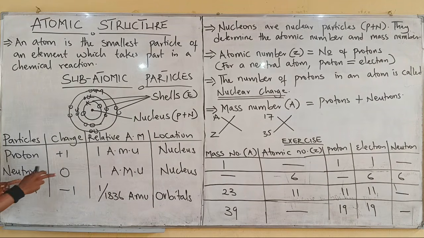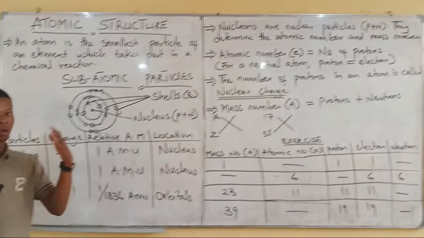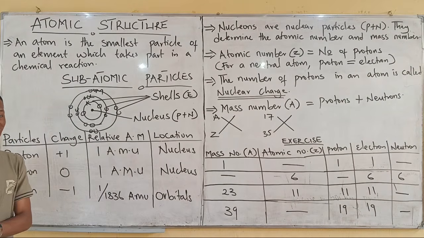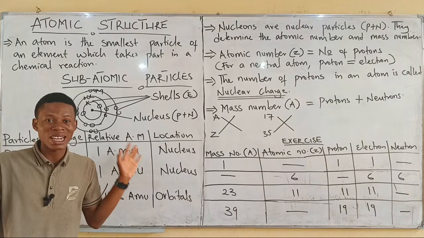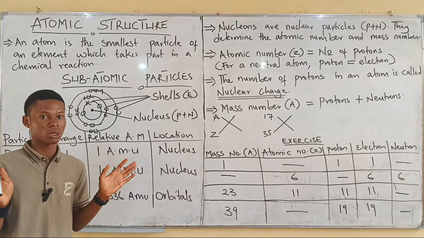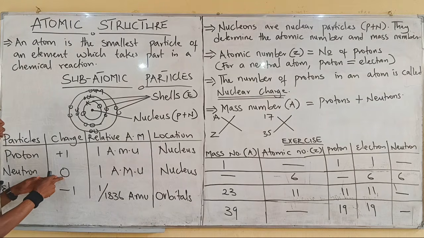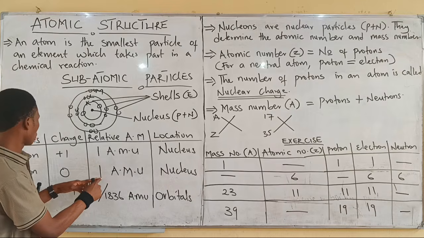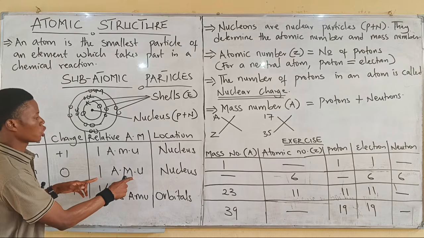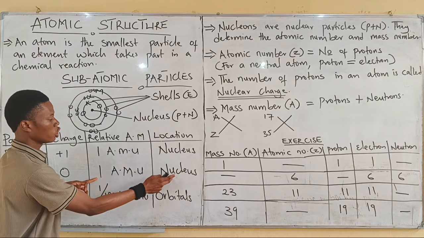The next one is the neutron, and the neutron has a charge of 0. Zero charge means it is not positive and not negative. So the neutron is neutral, it does not have a charge. Are we following? That is why we put the charge here as 0. The relative atomic mass is 1 atomic mass unit, and it is also found in the nucleus.